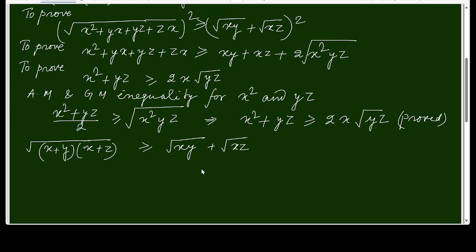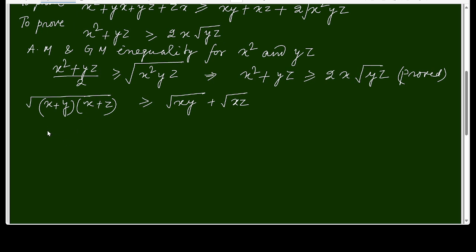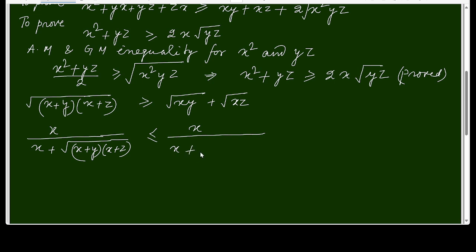So now I'm writing the first expression: x over x plus square root of (x plus y)(x plus z). The denominator is greater than this, so the inequality will be less than or equal to x over x plus square root of xy plus square root of xz. How much is this?